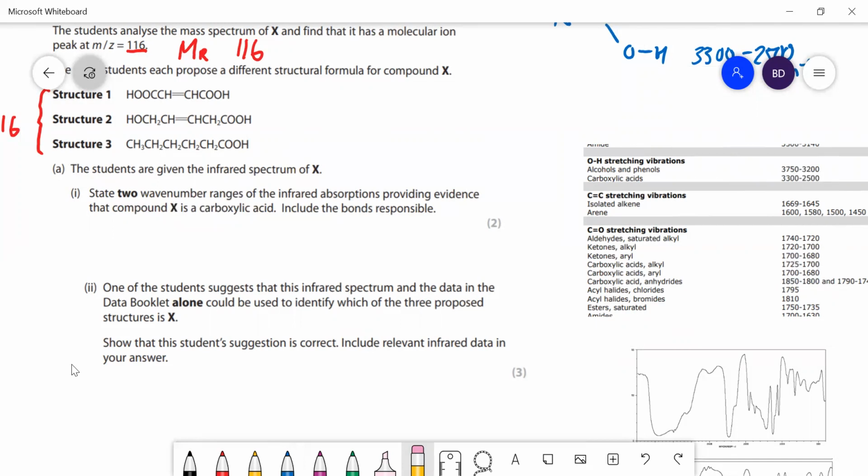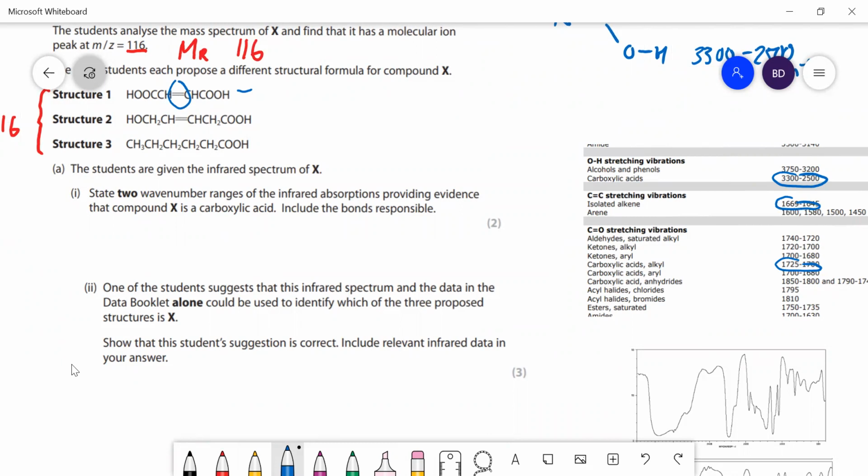If it was structure 1, you are going to get the characteristic carboxylic acid OH, and you're going to see the carbonyl for an alkyl carboxylic acid around there. But you're also going to get an absorbance for the C=C double bond, which is about 1700. Okay, yeah, it's about there. So you would see that.